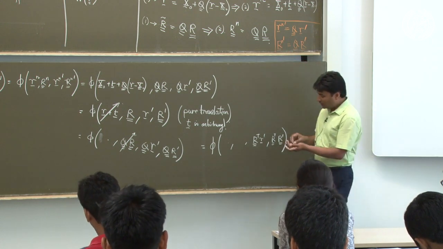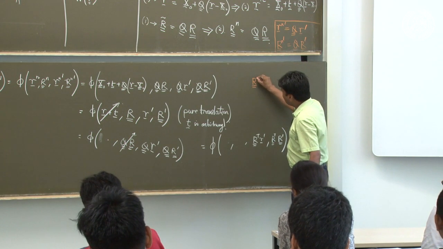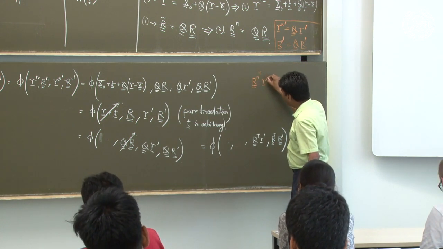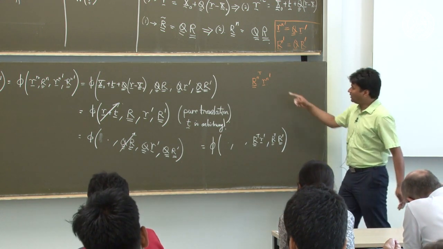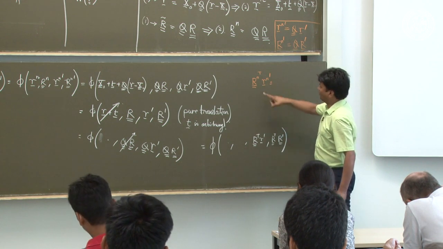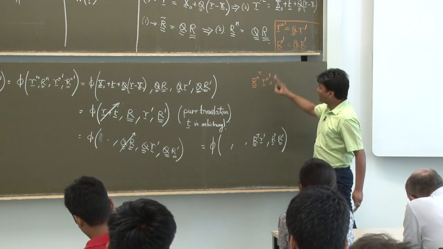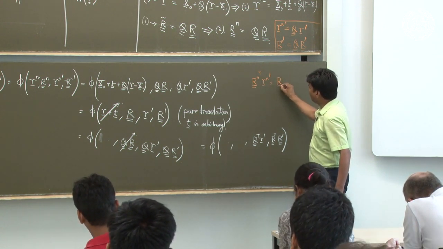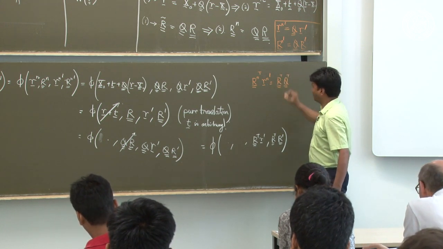For example, if I try to find out what is big R nu transpose into small r nu prime, let us try to find this. What is this equal to? So, now, big R nu is q times big R. So, big R nu transpose would be same as big R transpose into q transpose.